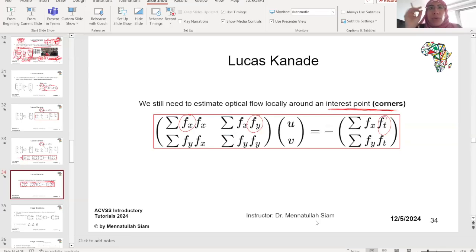There are a lot of works; there is always a new work on how to estimate optical flow with deep learning. These are faster, more efficient, more accurate solutions. So yeah, let me know if you have any questions so far.